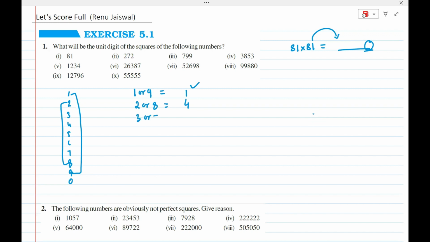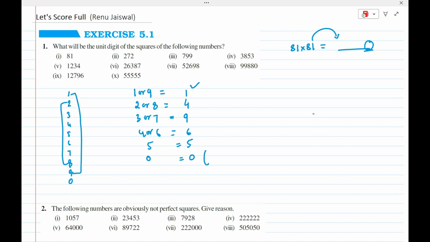If I have 3 or 7, the unit place will be 9. If there is 4 or 6, the unit place will be 6. If it is 5, the unit place will be 5. And if it is 0, the unit place will be 0.